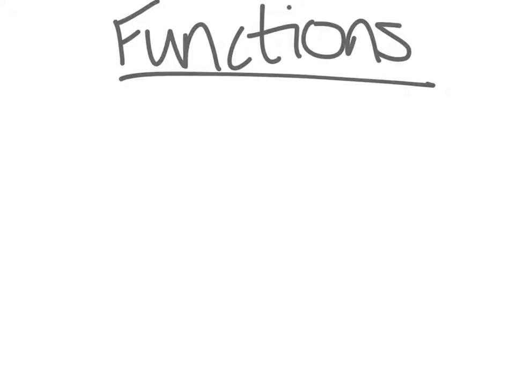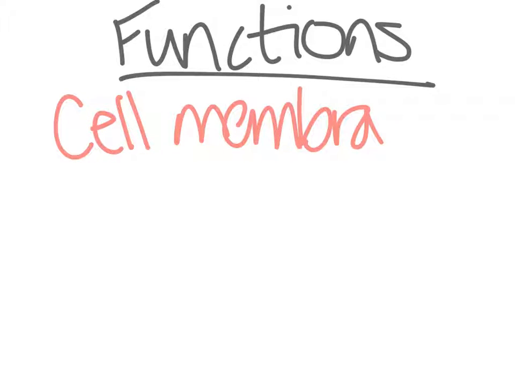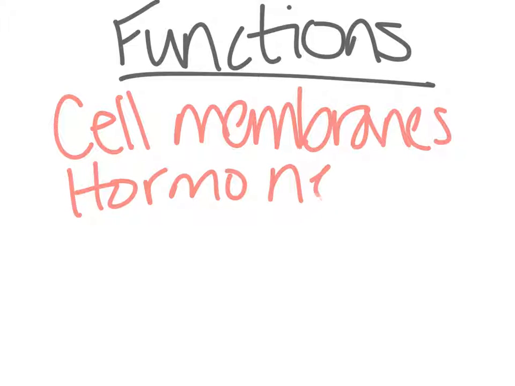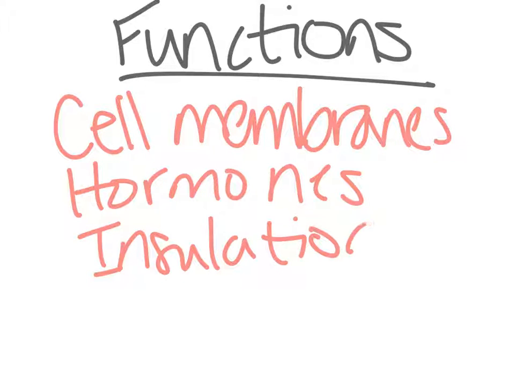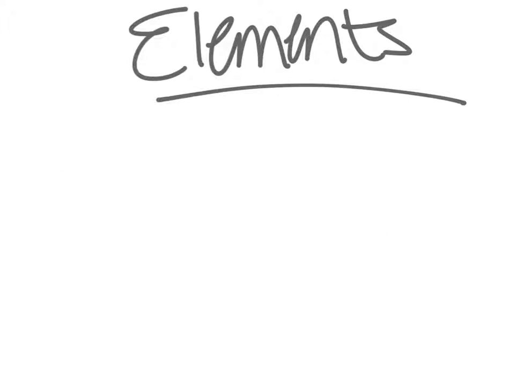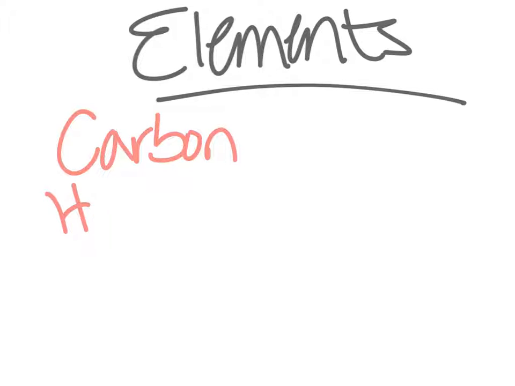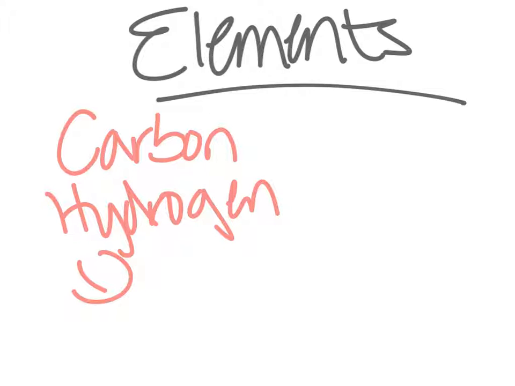Some other functions that lipids provide are cell membranes for our cells, hormones, which keep our body stable, insulation, which keeps us warm, and what helps lipids with these functions are the elements, which are carbon, hydrogen, and oxygen.